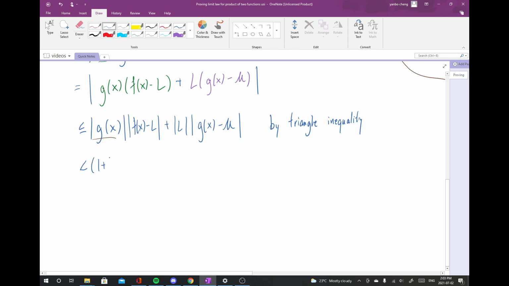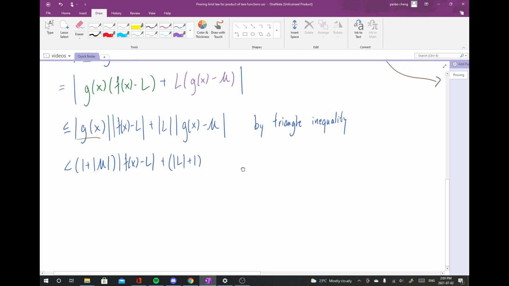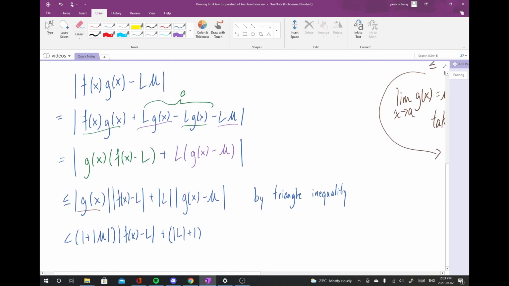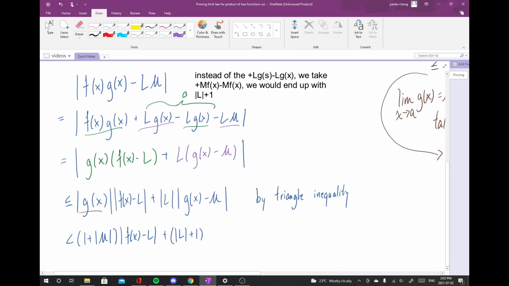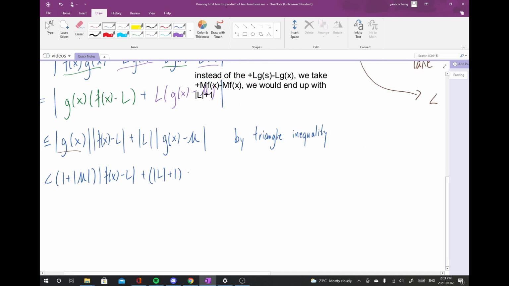We have 1 plus absolute value of m times the absolute value of f of x minus L, plus, and for simplicity, let's try to keep this symmetric, plus 1 plus absolute value of L. Technically, we can continue having this, but it's just simpler because if you think about it the other way, if you were to add m times f of x, it will be L plus 1 times g of x minus m.